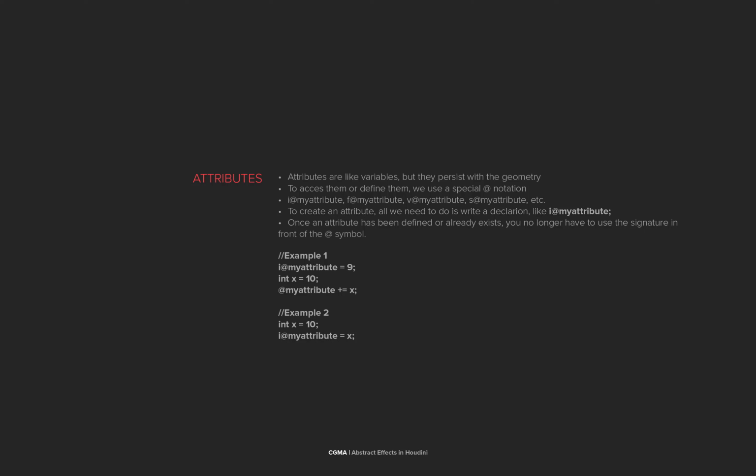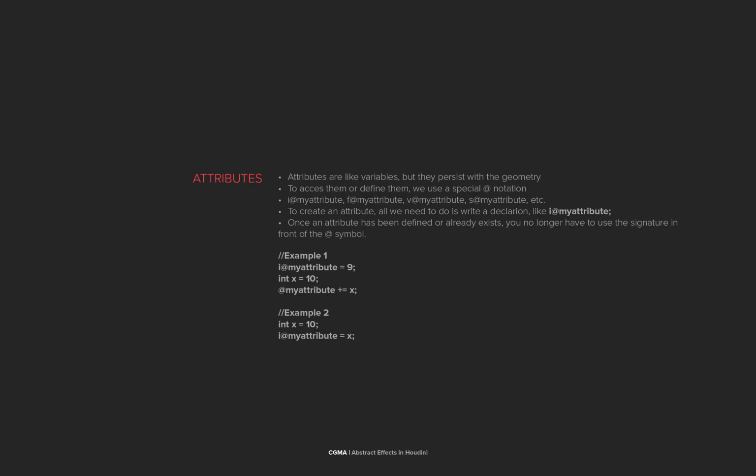Attributes are very similar to variables. In fact, for the most part, they have a one-to-one relationship in terms of the types that are available to you. The only real difference in terms of attributes and variables that you need to understand when using Houdini is that variables get destroyed once the block of code is done executing, but attributes persist on your geometry.